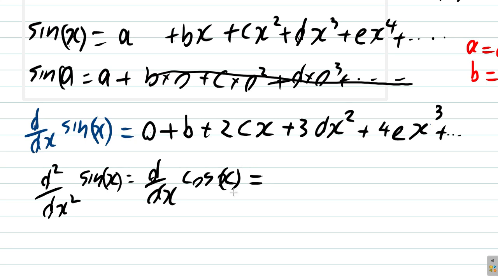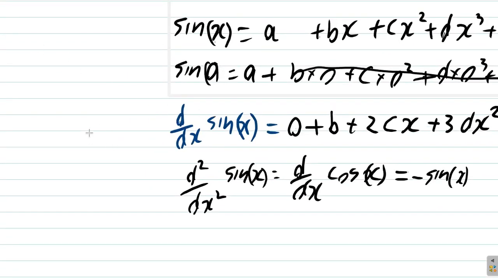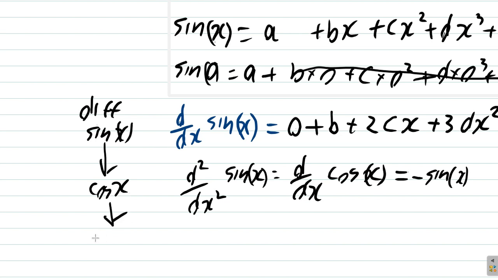It's negative sine. So it's negative sine x. Let's write it over here. You're differentiating sine x, you get cosine x. You differentiate cosine x, you get negative sine x.